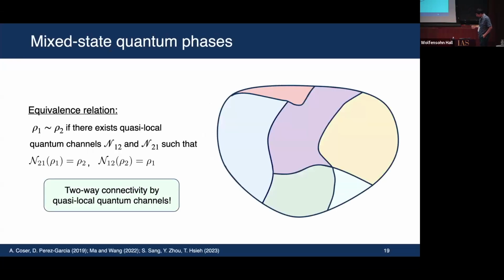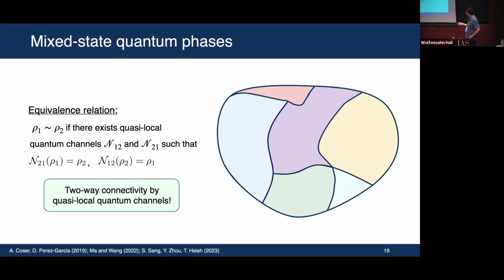All right, so now let me give a definition of a mixed state phase. Before that, let me say that this is not the unique definition. There are other definitions on the market, but this is one that I would say naturally generalizes the notion of phases in the ground state.